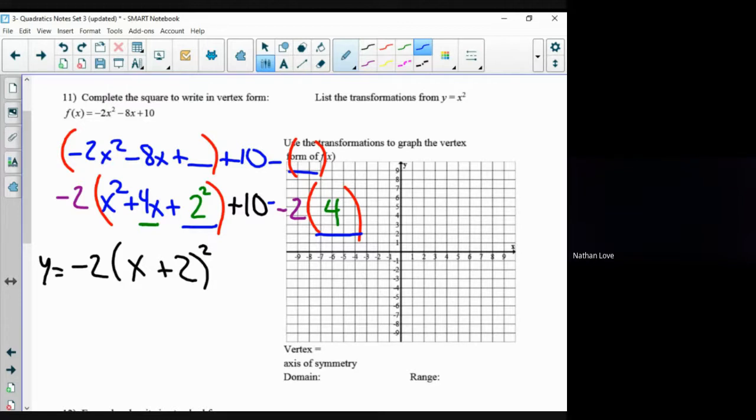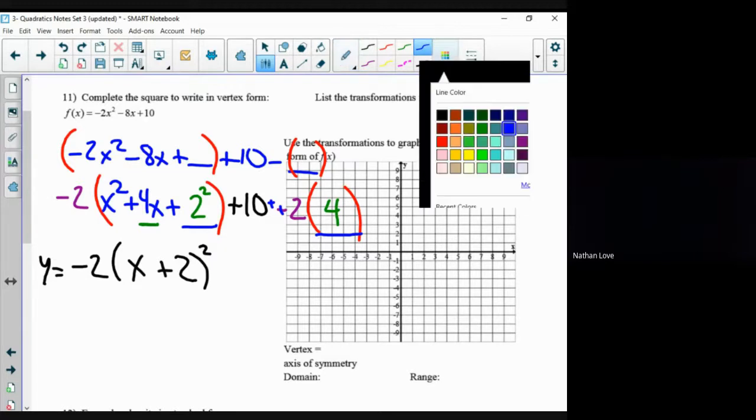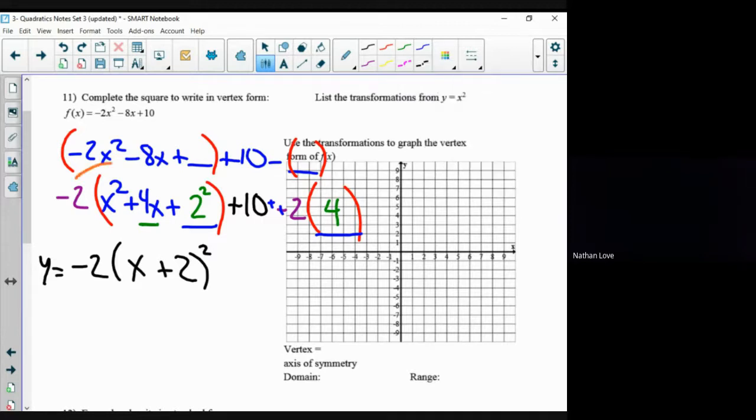So I got negative. Guys, the reason this turns into a plus, a positive, correct? I want to show you real quickly that whatever we add, we have to subtract. We can't change the problem. So this -2 really makes this a -8 that we put here, right? Which means that this has to be a +8 over here.